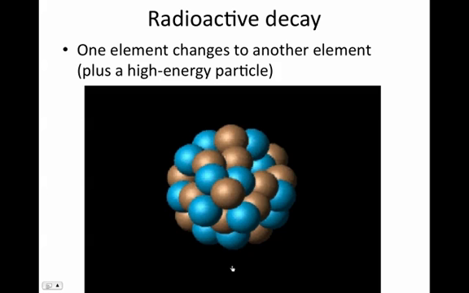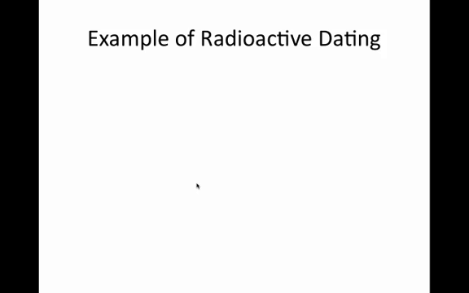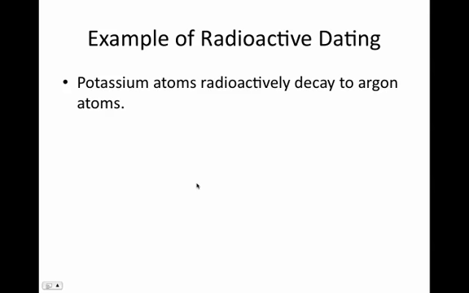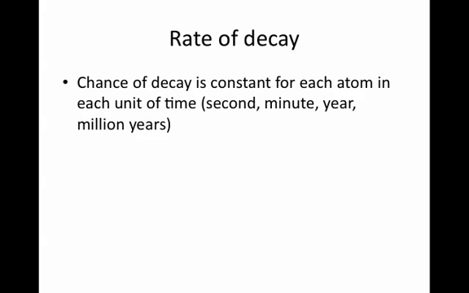So one element basically changes into another. Elements that do this include potassium and rubidium, and minerals that can be dated include biotite, and so on. Potassium atoms radioactively decay into argon. Think of an hourglass. It has potassium at the top, and then as it shifts down to the bottom, it becomes argon.